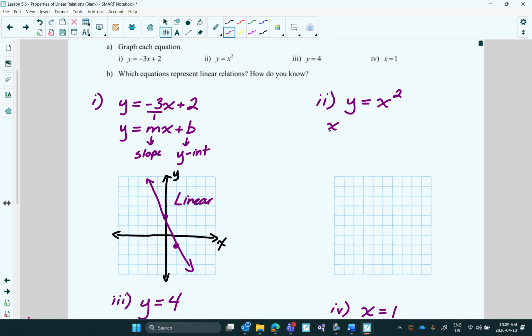See what it looks like. So I'm going to do a couple of negatives, 0, and a couple of positives. Remember, you get to choose the values for X. Usually it's safe to choose a couple of negatives, 0, a couple of positives. Okay?